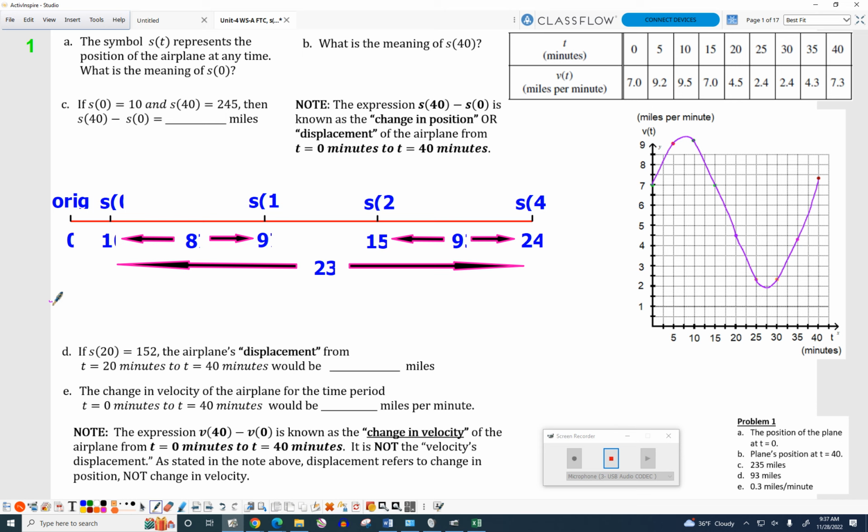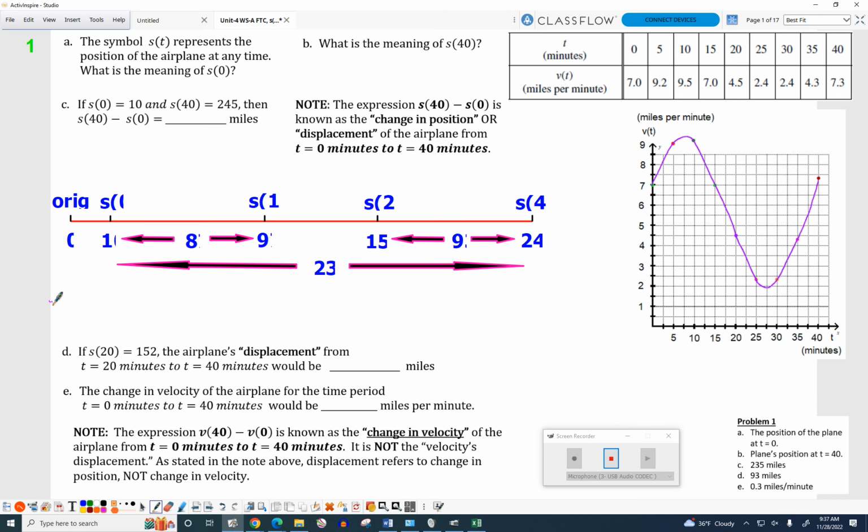Then it says B, what is S of 40? Same idea, position of the plane at time 40. Questions so far on those two review items talking about position?